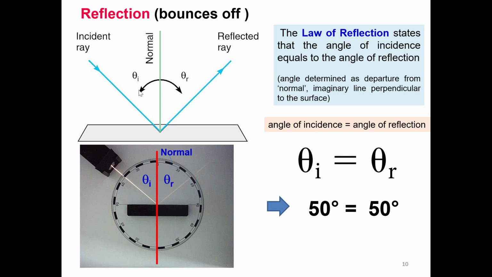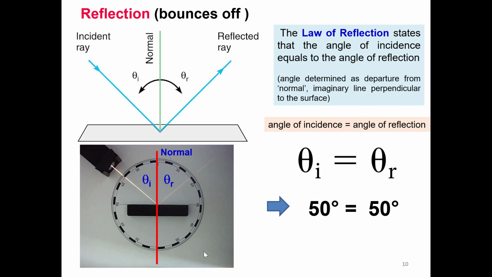Remember, we always measure from the normal line. The other angle is the reflection angle, measured between the reflected ray and the normal, this angle. What happens in the reflection of light is that these two angles are the same.